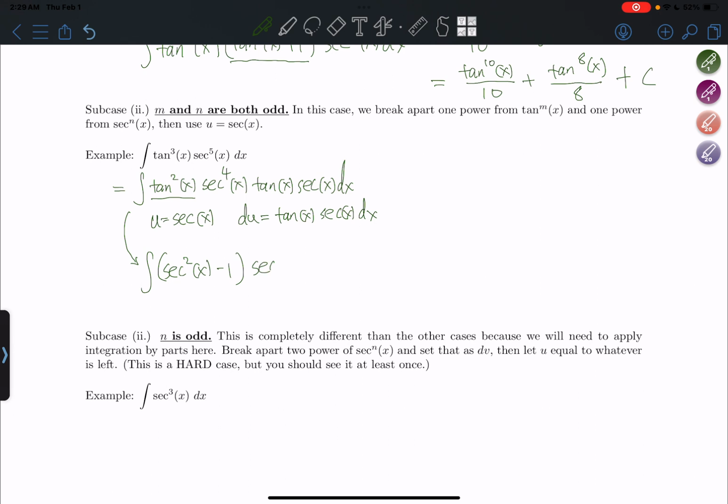And then I have secant to the 4th x, tangent x secant x dx. Okay, and now I'm ready for my substitution.